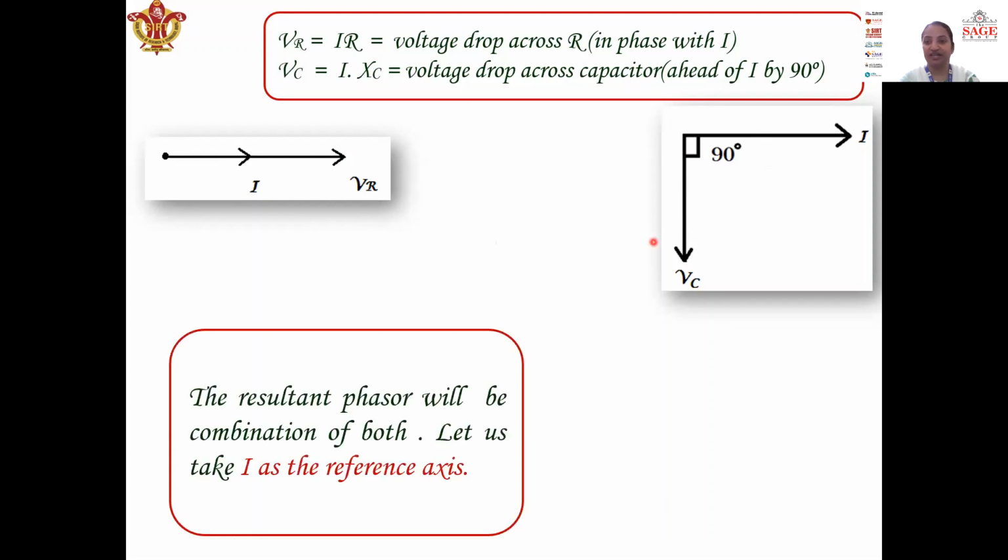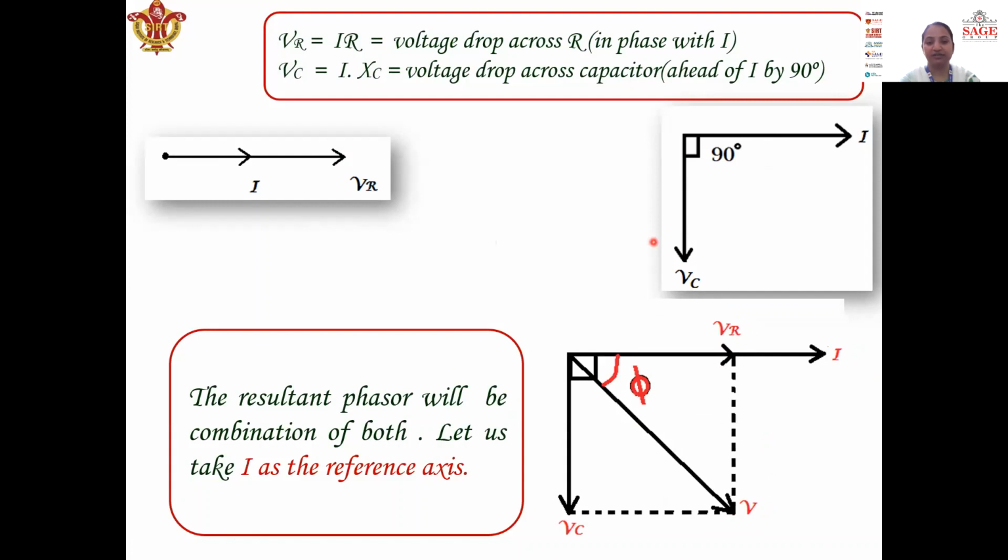So the resultant phasor diagram of the RC series circuit, considering the current as the reference axis, would be like this. We have VR and I in the same phase, as we have seen here, and in the case of capacitor, current and VC are 90 degrees to each other. So what would be the resultant voltage here?